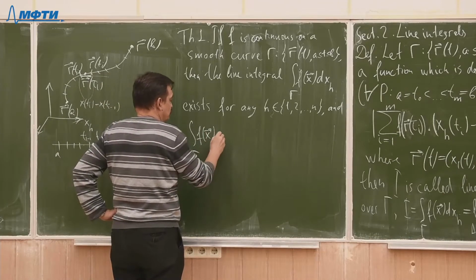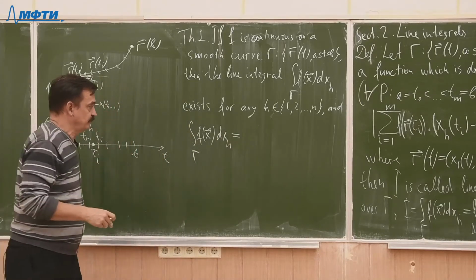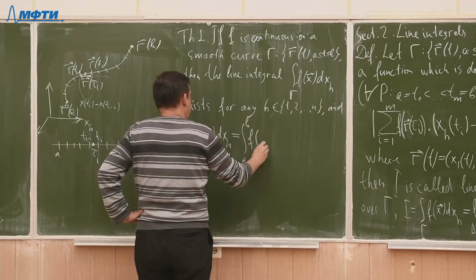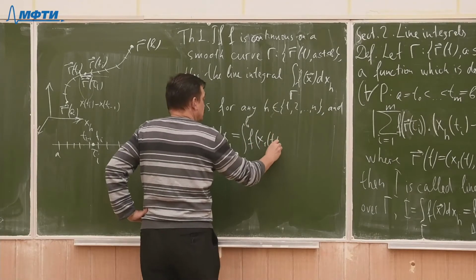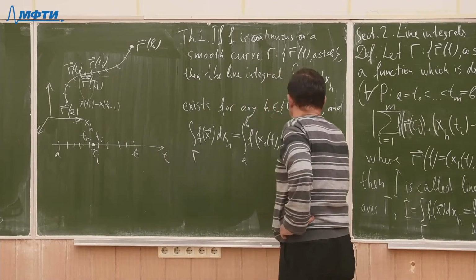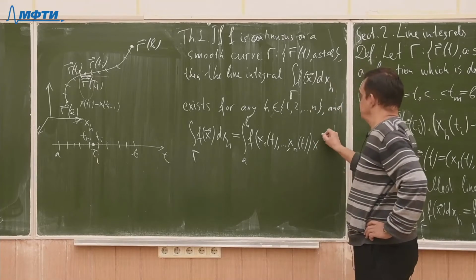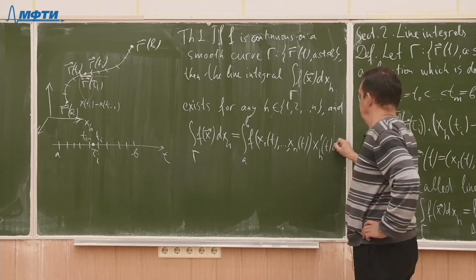So what we do, we substitute everything, and it gives the integral from a to b of f of (x1 of t, and so on, xn of t) times x_h prime of t dt.